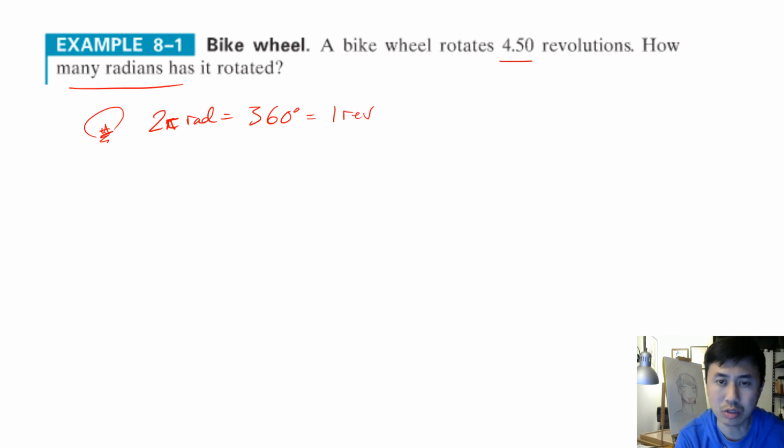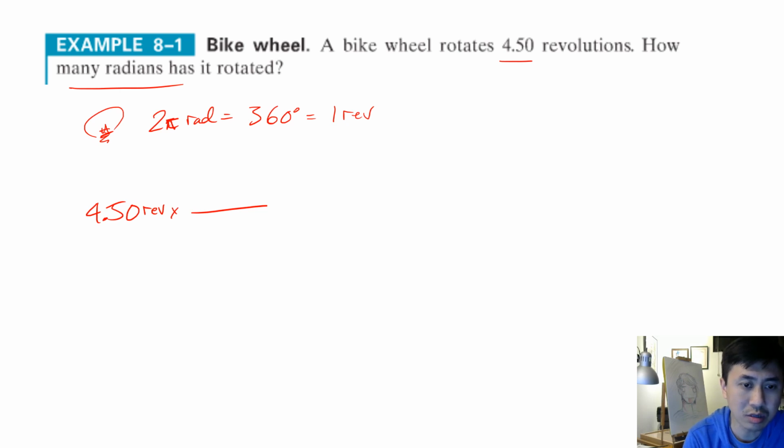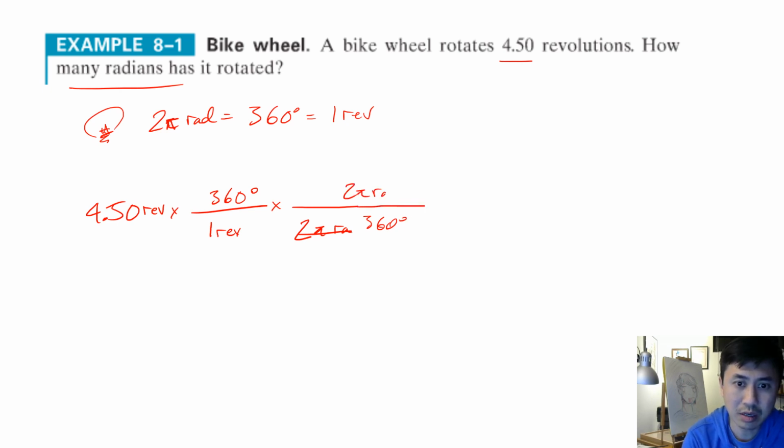So let's do old school dimensional analysis, where our given is 4.50 revolutions. Let's change that into degrees. For every 1 revolution, it's 360 degrees. And then for every 360 degrees, it's 2 pi radians.